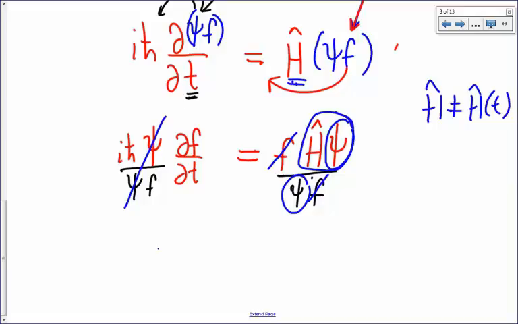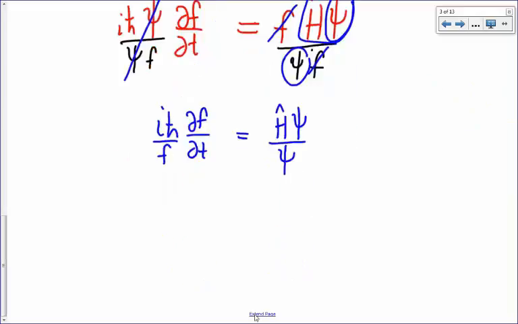So, what do I have now? i h bar, partial derivative of f with respect to time over f is equal to H hat psi over psi. Okay. Now, if the equation is obeyed, here's one side that depends only on time, right?